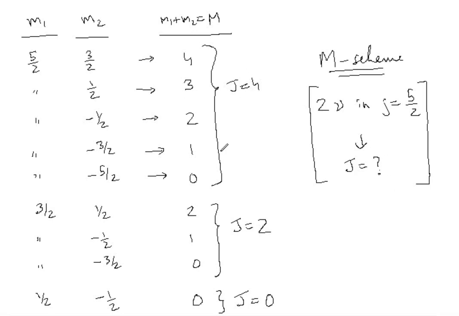So in a way what we have seen here is that two neutrons in J is equal to 5/2, as a result of their coupling, only J is equal to 0, 2, 4 are the possibilities. They are the only possible states.